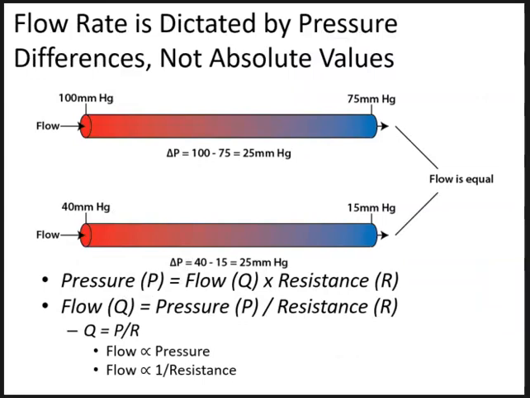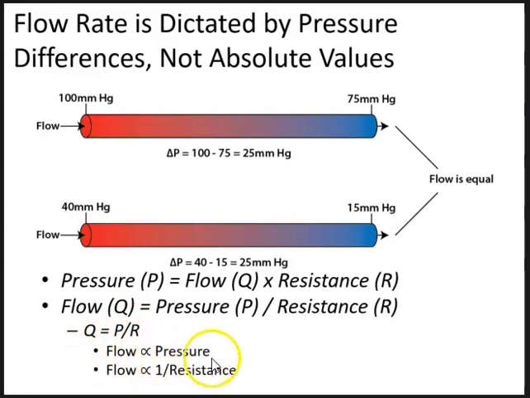So here we see, again, we have our general formula where pressure, or change in pressure, or pressure gradient equals flow Q times resistance R. And we can rearrange the different variables in the formula. We can get our flow formula where flow Q equals the pressure gradient P divided by the resistance R. So if we have the formula Q equals P over R, we know that flow is directly proportionate to pressure.